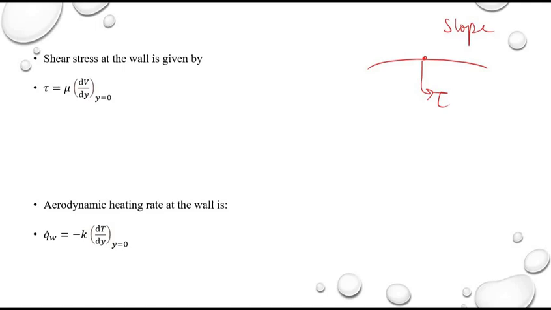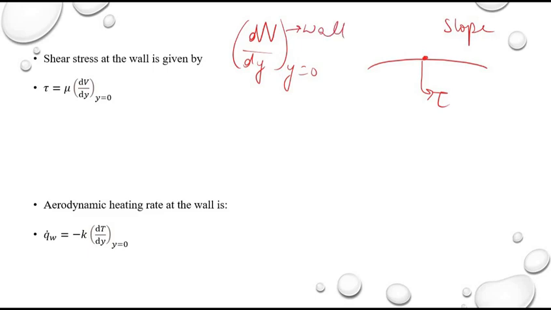Now, let us consider dv by dy, that is your velocity gradient, at y equal to 0. That is on the wall, y will be equal to 0. So this is my velocity gradient at the wall.